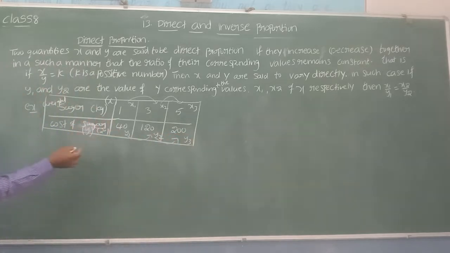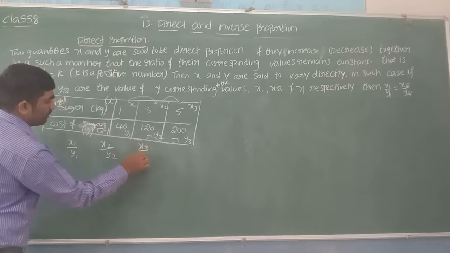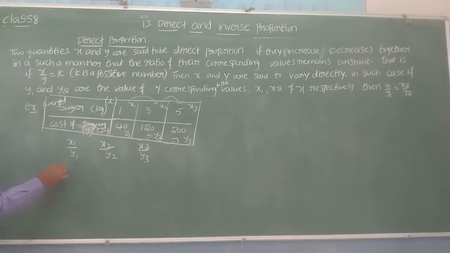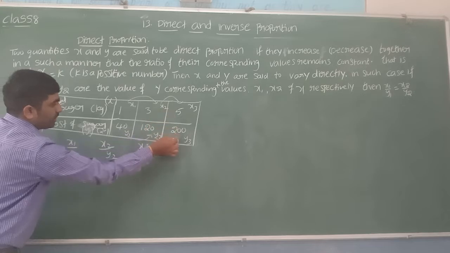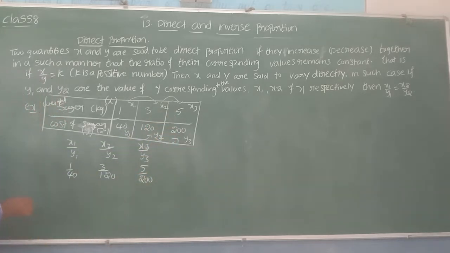Now we find the ratio of x1 by y1, and the ratio of x2 by y2, and the ratio of x3 by y3, and we'll see what we are going to get. x1 by y1 is 1 by 40, x2 by y2 is 3 by 120, x3 by y3 is 5 by 200.